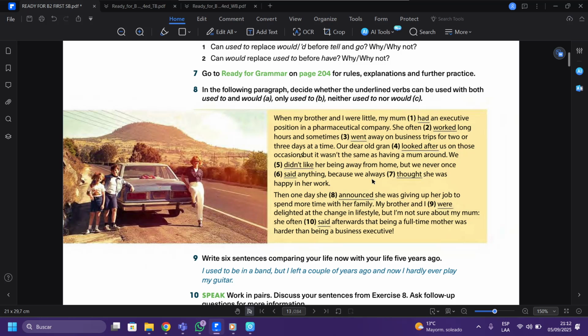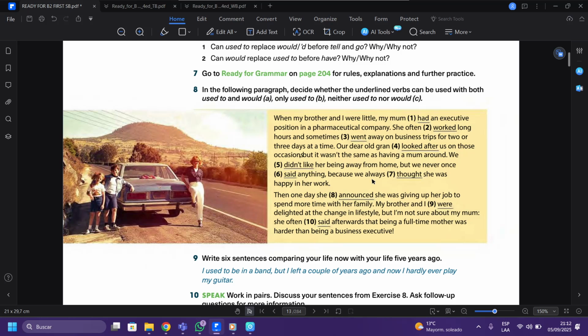Used to work. Yes, used to work. And what about would work? She would work. Is it possible? Do you think it is possible to say, for example, she would work long hours? No, it is not possible.